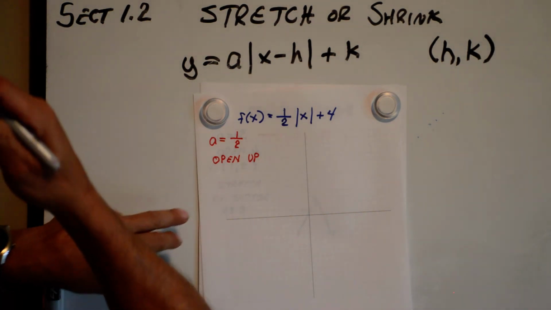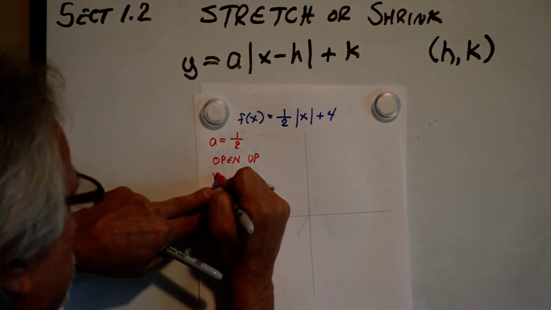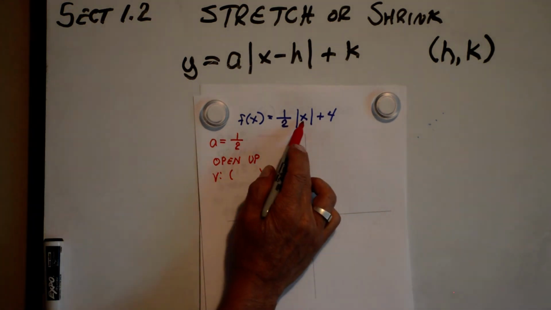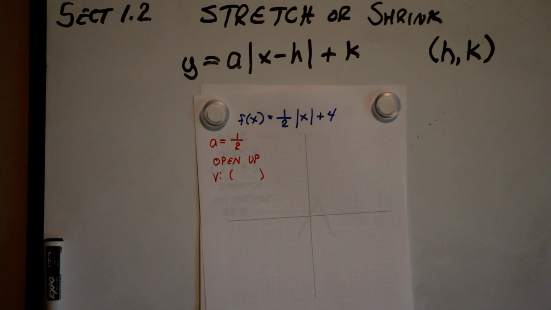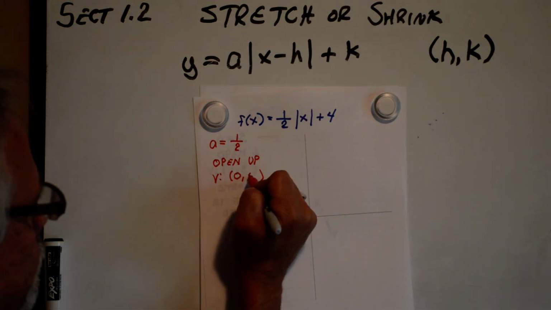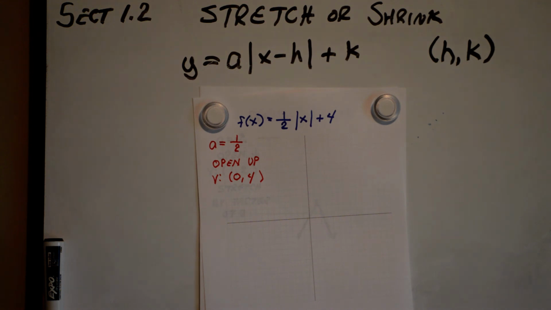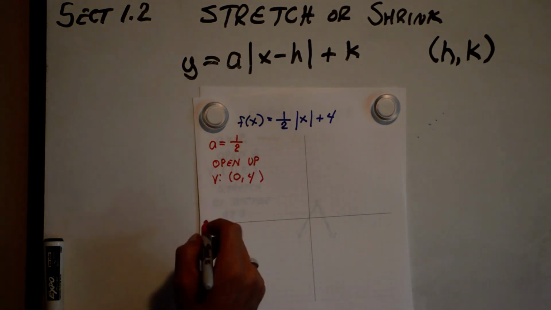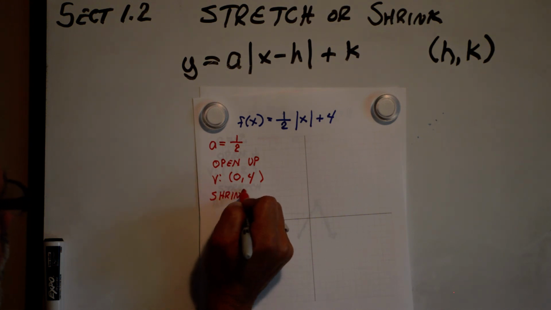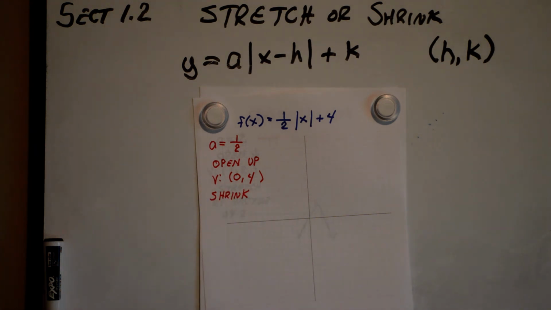Opening up has nothing to do with my vertex. In my vertex here, I don't have anything with the x, so that's really a 0 inside there, and 4. So the vertex is (0, 4). And this guy is going to be a shrink by a factor of 1/2.